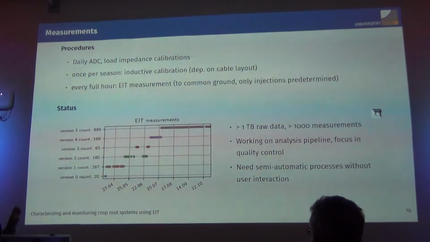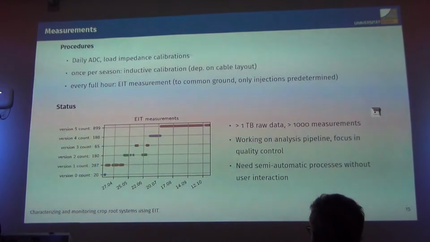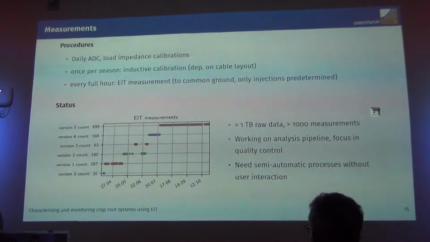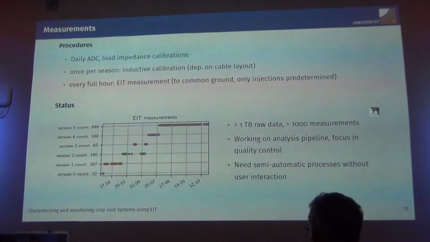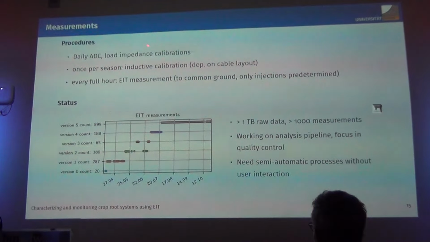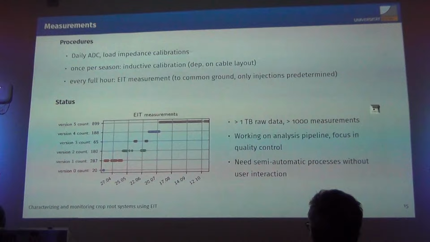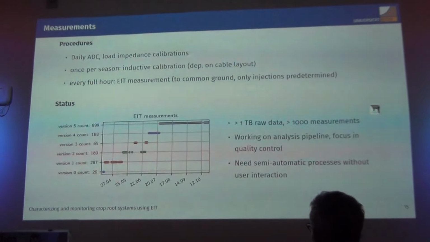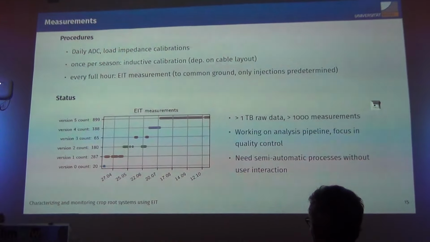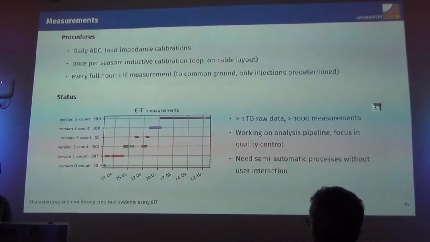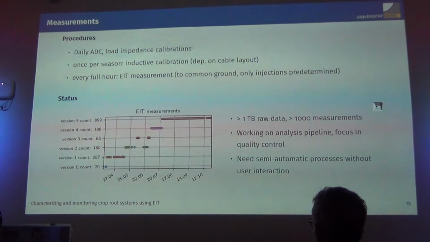So we can give a lot of information to really differentiate between noisy data and data that can be used. Once per season we also do inductive coupling calibrations, so we take into account the inductive coupling caused by the cable layout, which has to be done after the setup is completed.